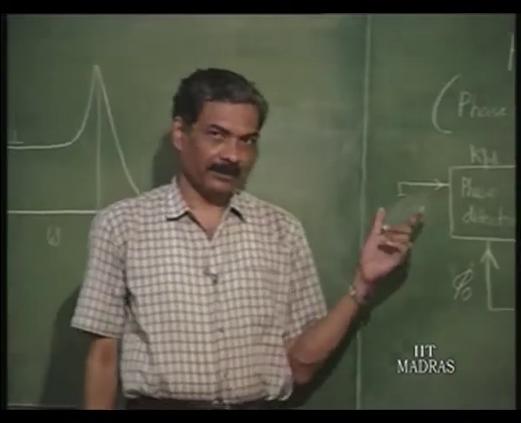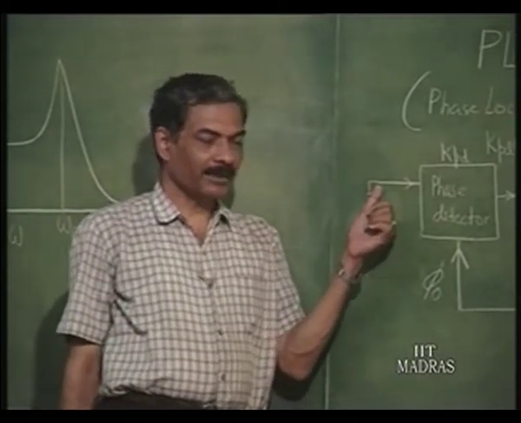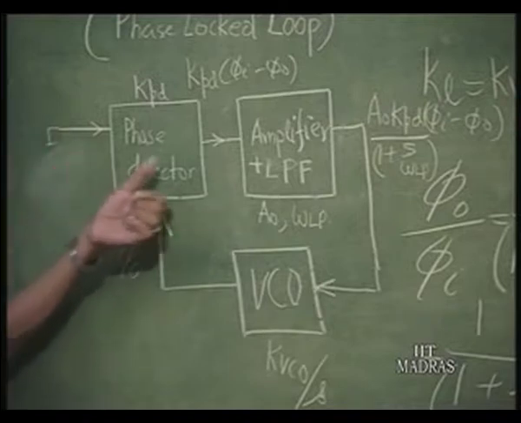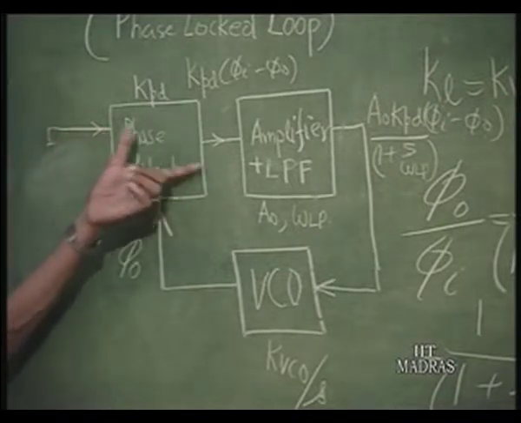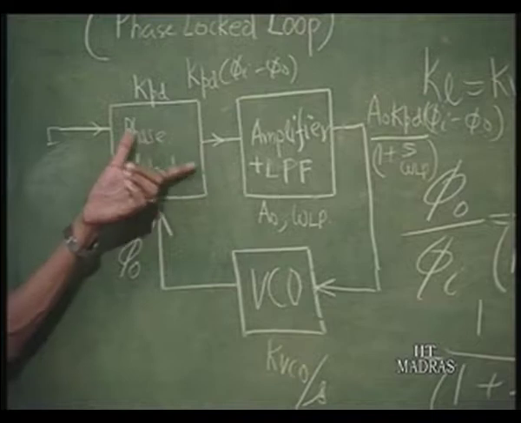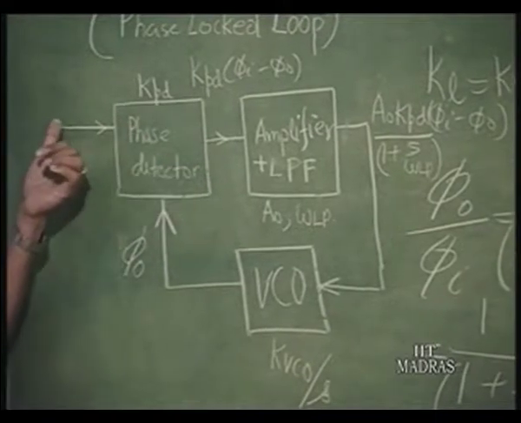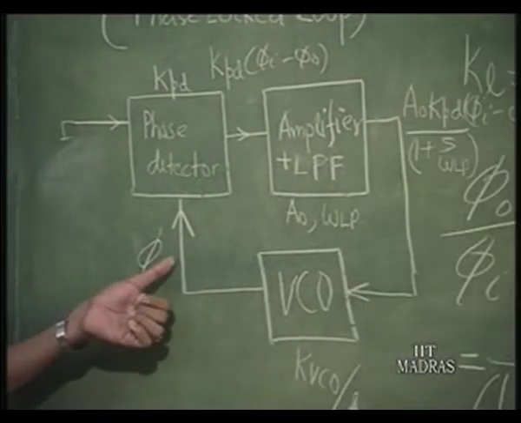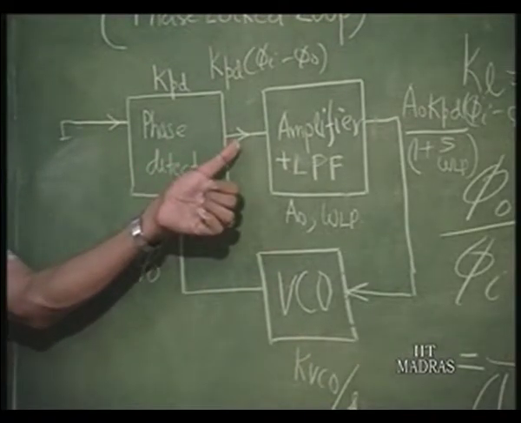This is a multiplier. As I told you, if this is omega 1 and this is omega 2, there will be a component omega 1 minus omega 2 and omega 1 plus omega 2 here. So, because this is a multiplier, if this is omega 2, the component omega 2 will be present here.